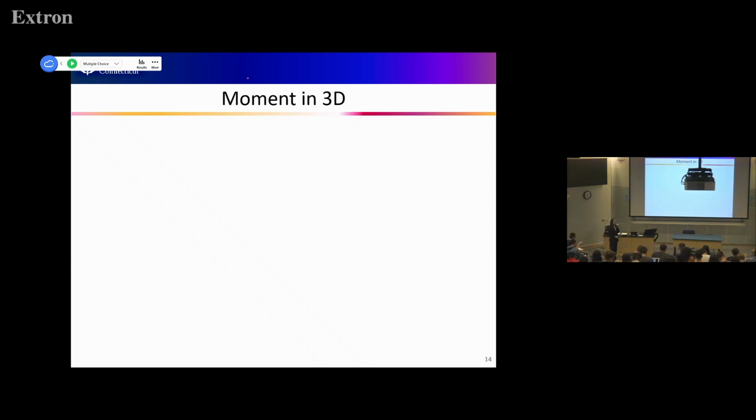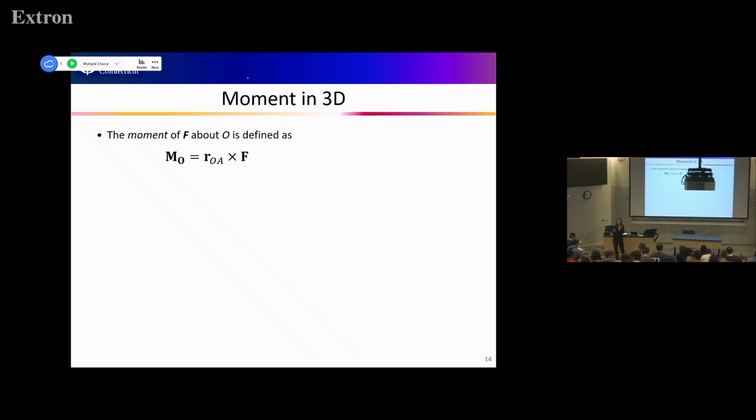And then moment in 3D is a little bit tricky because we must use vectors, and therefore we must use cross product. So I'll show you. The moment of a 3D force vector F about O is defined as this. We always indicate the reference point with the moment, as a subscript.